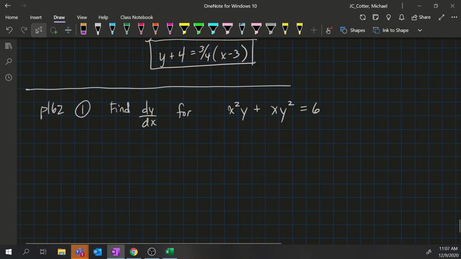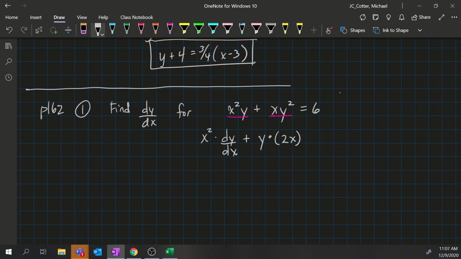So this is 2 product rules, okay? So you're going to end up with kind of an algebraic mess at the end. The first product rule is going to be x squared times the derivative of y, which is dy dx, plus y times the derivative of x squared, which is 2x. So that's just a product rule, keeping in mind that the derivative of y is dy dx. Okay?